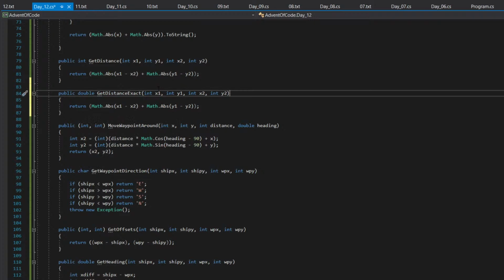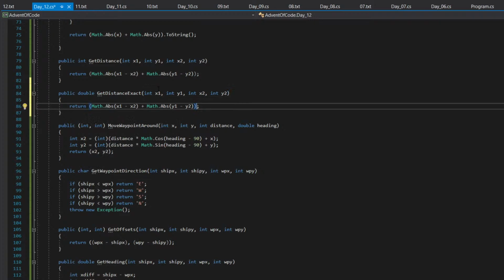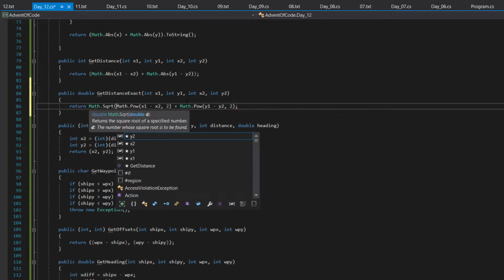Let's return a double: math power of 2 and then square root.